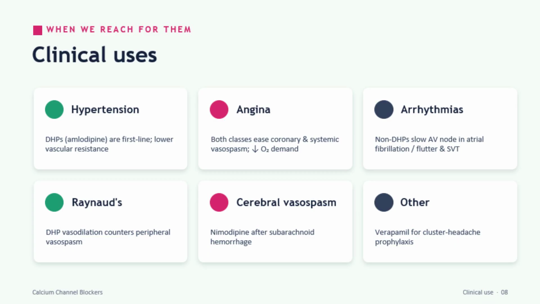Notice the pattern again. The pipe drugs handle the pressure and vessel problems. The pump drugs handle the rhythm problems. Match the use to the mechanism and you will never have to rote memorize a single one.